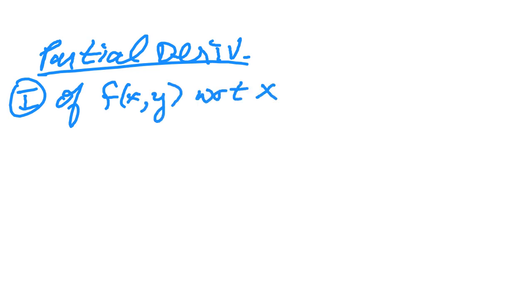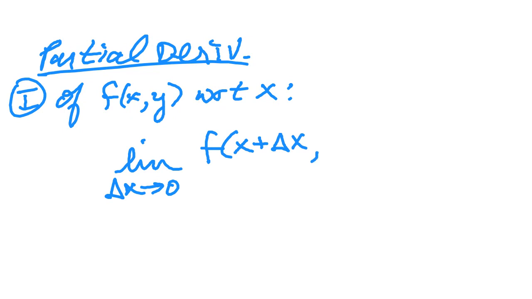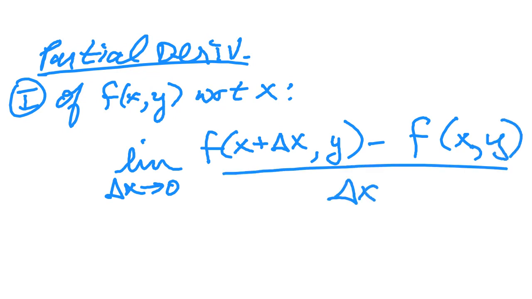How are we going to define this then? This is going to be defined as, once again, the limit as delta x approaches 0 of f of x plus delta x, just like before, but it's actually of two variables, so comma y, minus f of x comma y, all over delta x. So very similar to this, but we're going to say this is the partial derivative of f with respect to x.